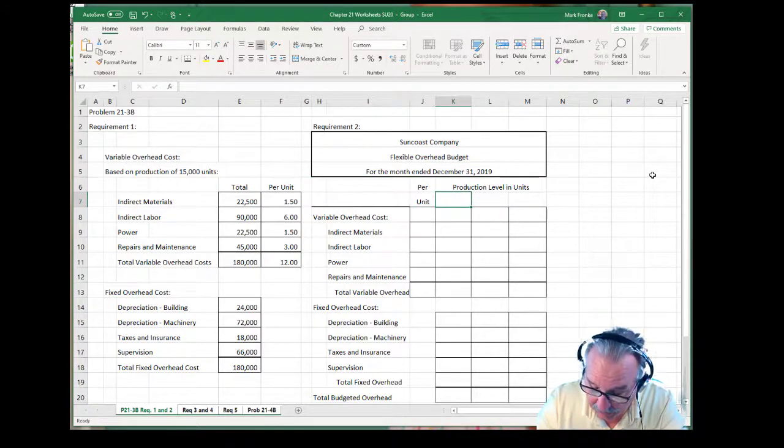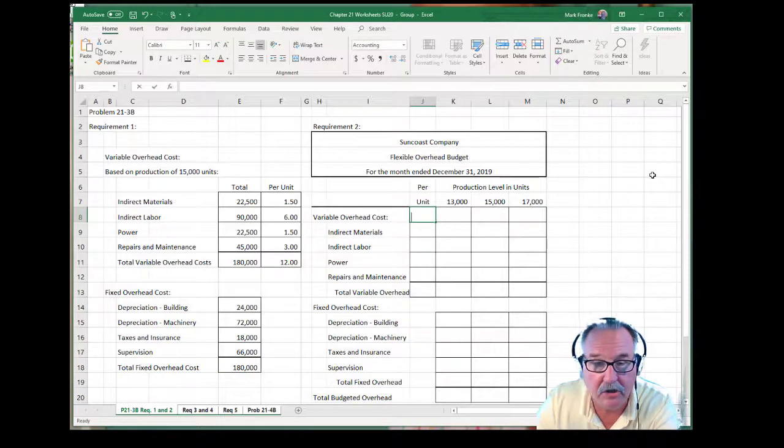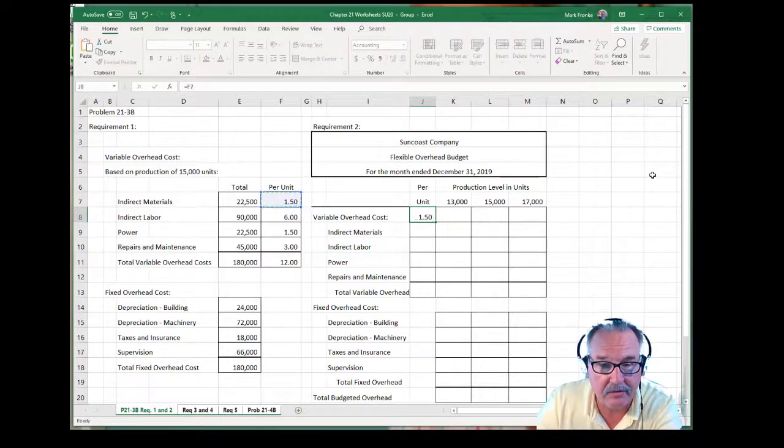Okay, and what we're going to do is make a budget based on 3 different levels of production. And we're going to use the per unit amounts for the variable cost, and we're going to use the total amounts for the fixed costs.